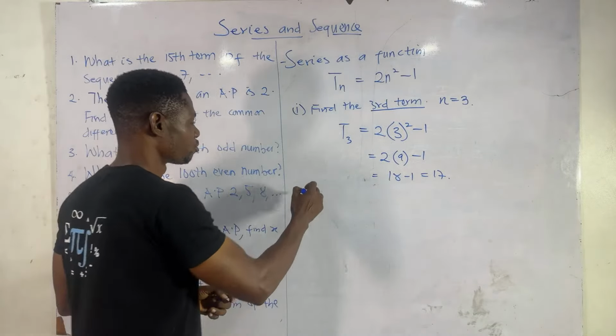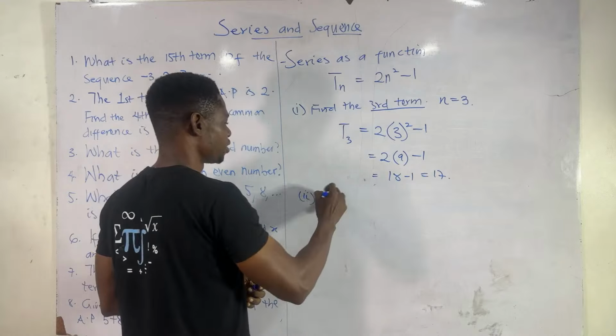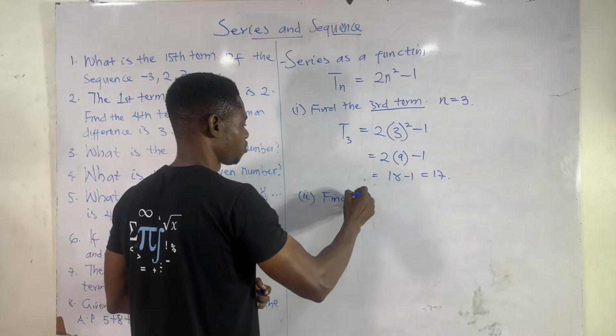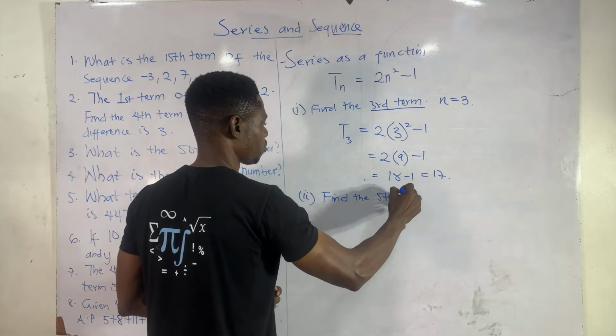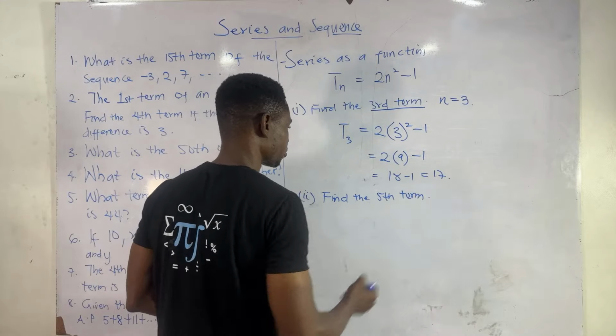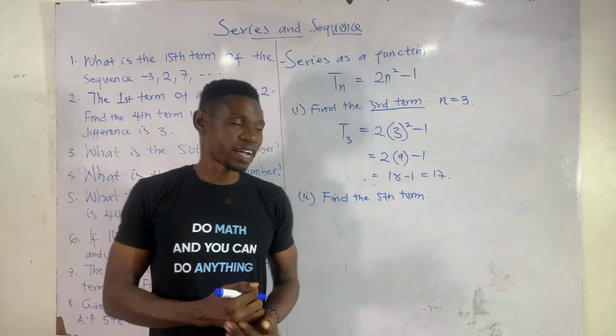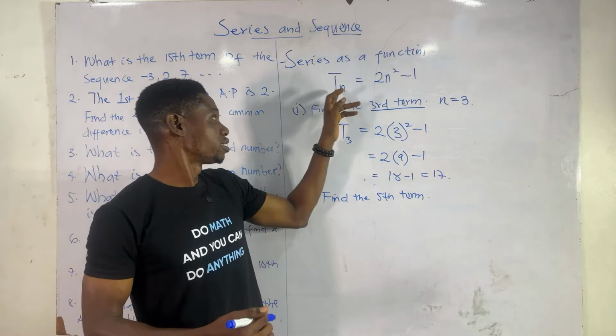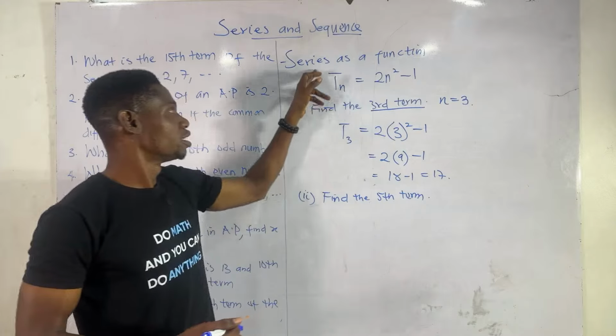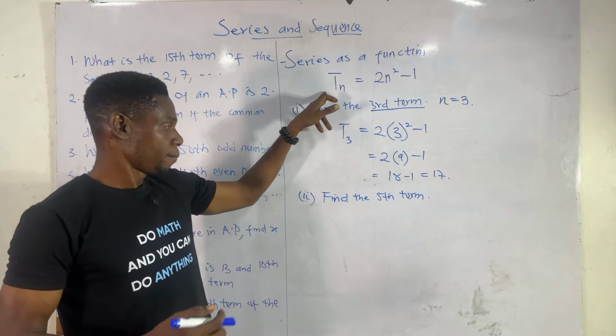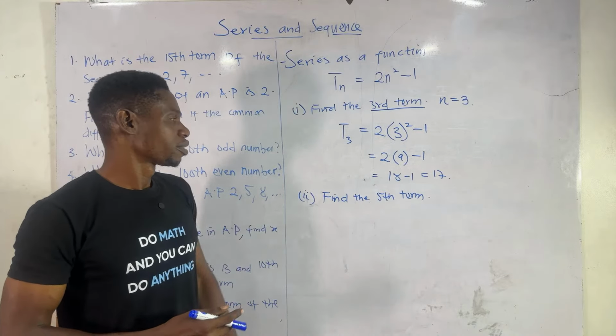Now, what you do for me is to find the fifth term. So you have 30 seconds to find the fifth term of this series given in this function form. So let's go. I want to see your answer.